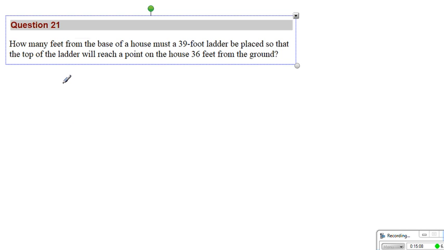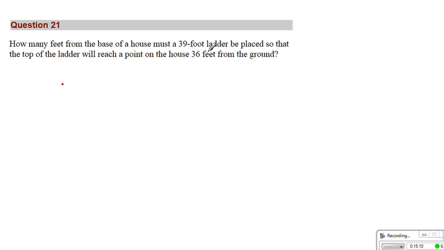Alright, number 21. So a 39-foot ladder must be placed so that the top of the ladder will reach a point in the house 36 feet from the ground.